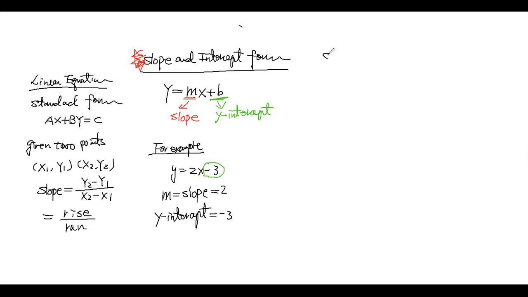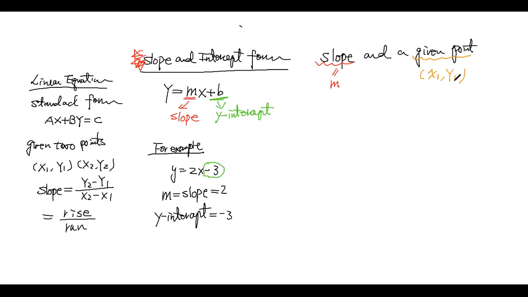Then the other one is the slope and a given point. If the problem gives us the slope and a given point, for example, the slope is equal to m, and it also gives us a point, let's say x1, y1.